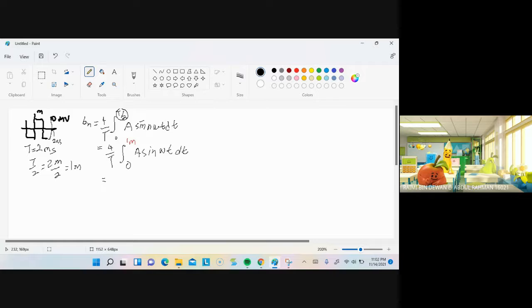And then you expand the integration over T. You do the integration part inside. From here you can also refer to your appendix on how to integrate, so you don't need to memorize so much.